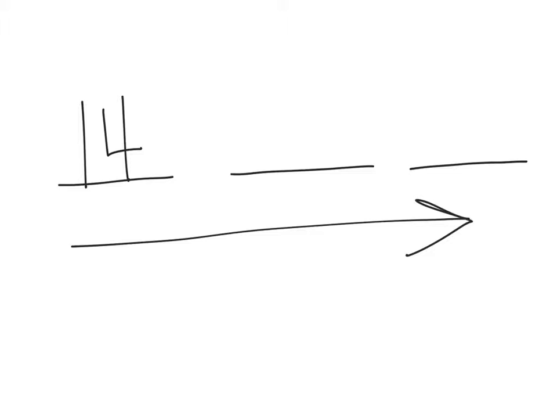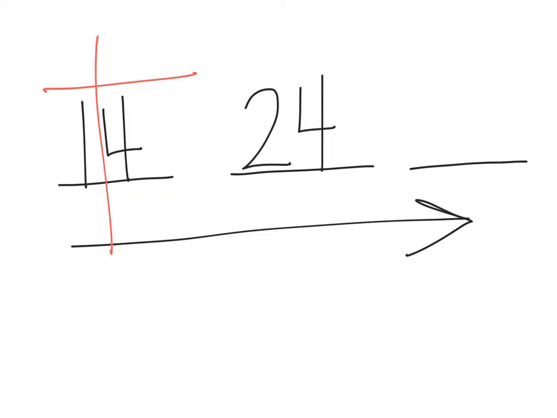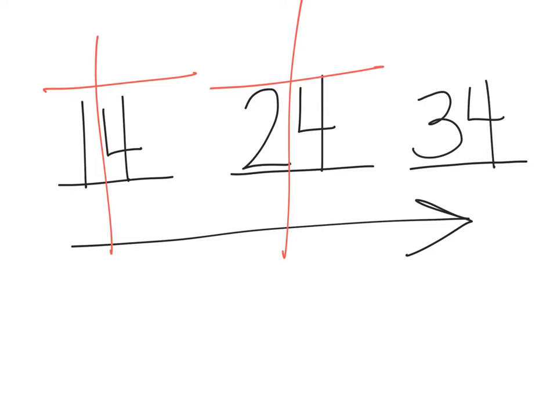So you can still put your number in a T-chart, and you can look at it and say, okay, if I add 10, my 1 is going to change from a 1 to a 2. And then I have 24, and I can put 24 in a T-chart. If I add a 10, that 2 is going to go up one number, and my new number is going to be 34. Does that make sense?